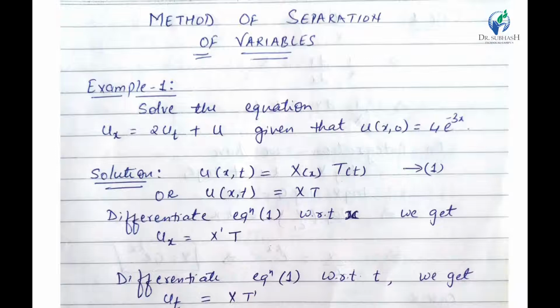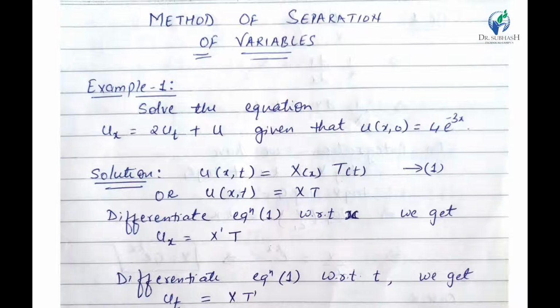The question asked is, solve the equation ux equal to 2ut plus u, given that u of x,0 is equal to 4e raised to minus 3x.